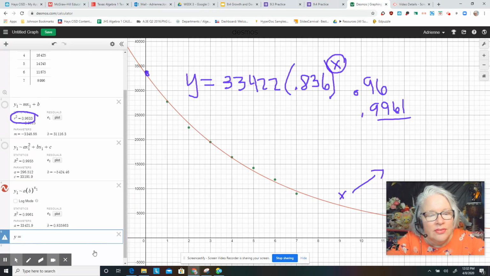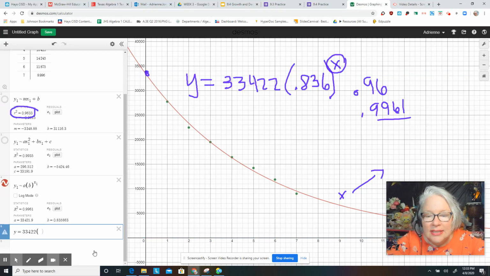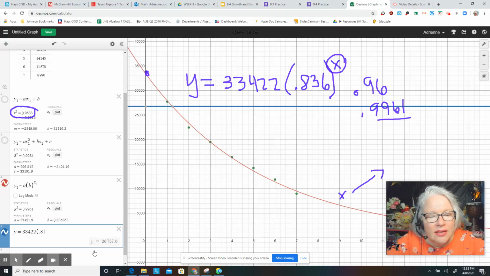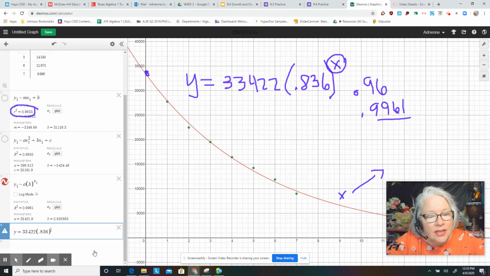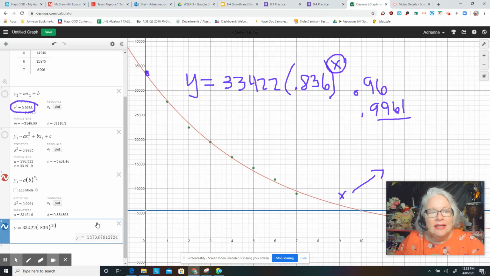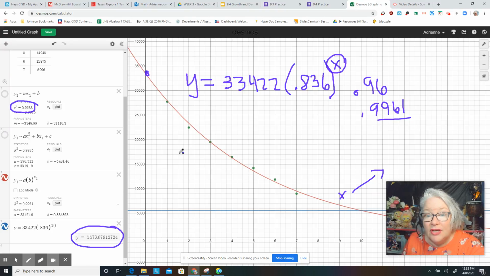Y equals 33,422, parentheses, 0.836, parentheses, shift 6 gives me the exponent to the x power. That's my equation. I just pretty much regraphed my red one. And I'm going to make the x equal to 10. And look right here. $5,573.